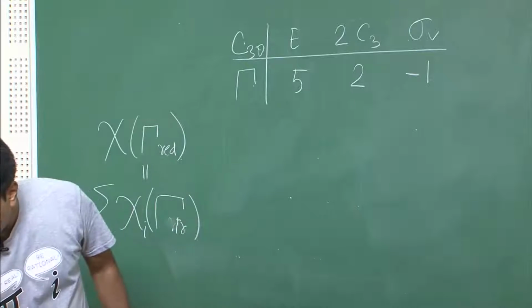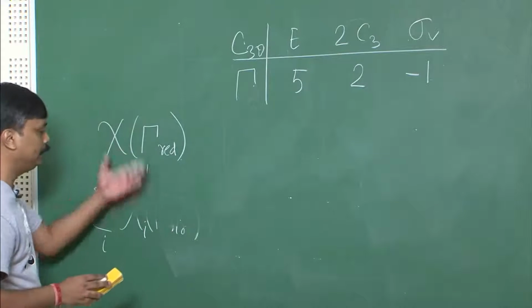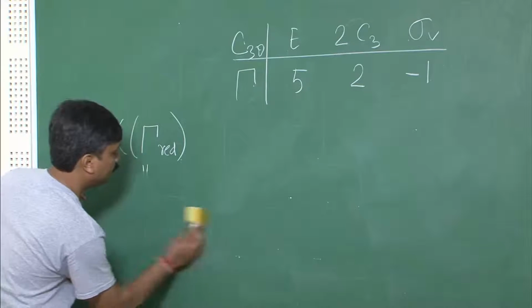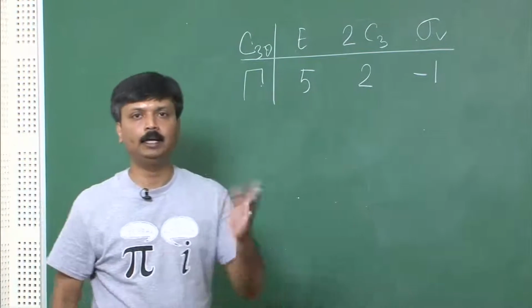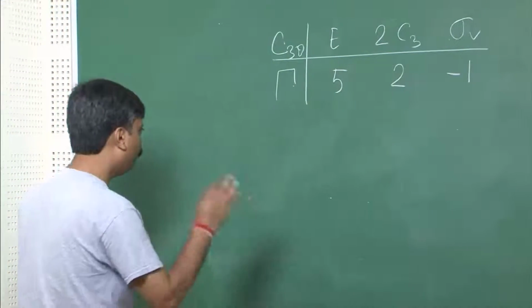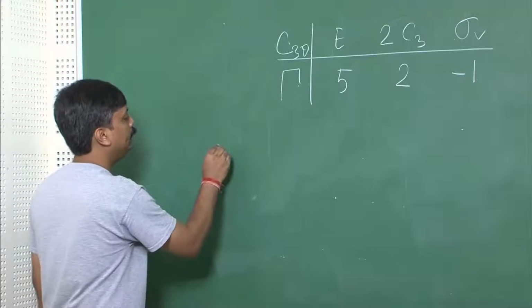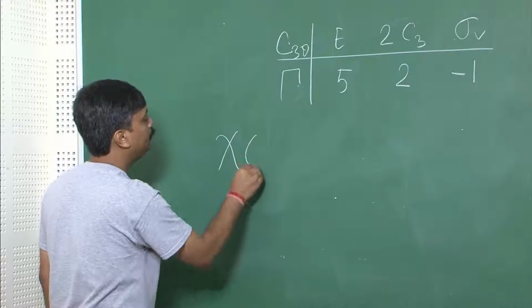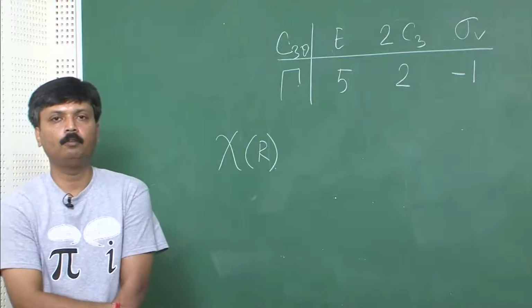The way we can do it is to utilize this property, that the character of the matrix does not change upon similarity transformation. Suppose I am talking about this reducible representation, and the character of the reducible representation is chi of R, for any given operation.